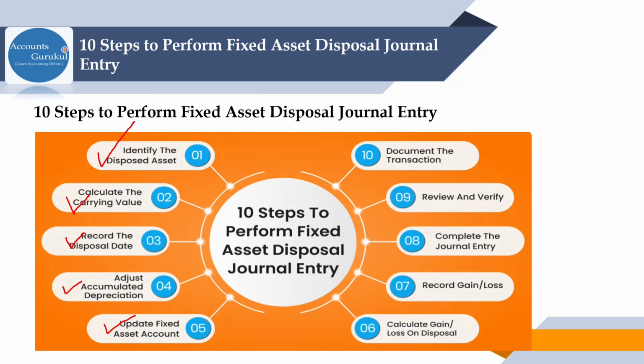Now if my sale value or disposal value is 55K, it means I have a gain on the sale of the asset, that's 5K. If my disposal value is 45K but my WDV is 50K, it means I have a loss on disposal, that's 5K. So we have to do these calculations.